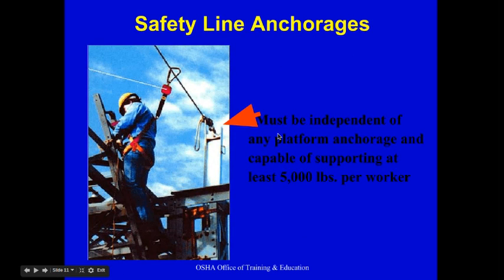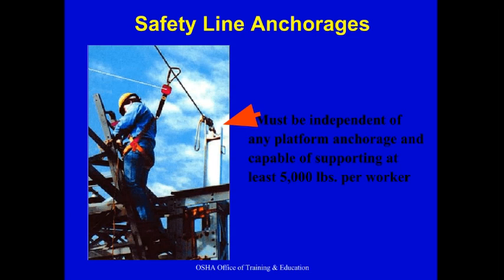So, and this is kind of restating what I just said, if you're going to attach to something like this independent anchorage that they have right here, it has to be capable of maintaining 5,000 pounds per worker. The reason for that is if a crane or something was to fall on the anchorage line, they don't want the anchorage line to fall and take you with it. Or they don't want material to fall on it, or something inadvertently to happen to cause that anchorage to fail while you're attached to it.